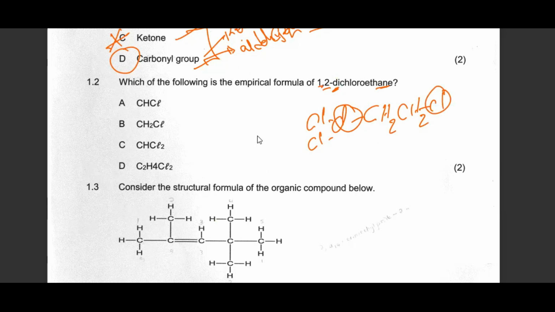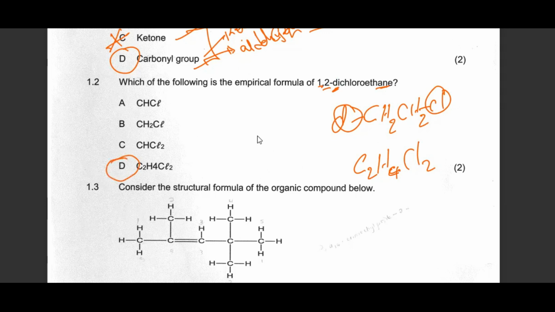If we count, we will find that you have C2, H4, and then 2 chlorines, which is going to give me that. If we have that answer, it becomes the correct answer, which is D.